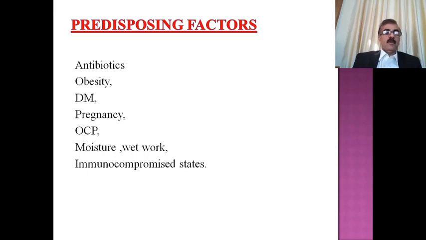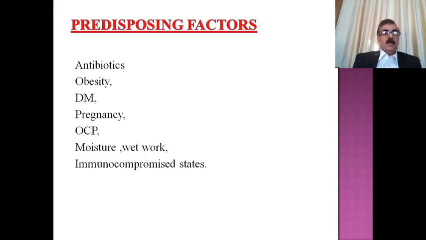There are other predisposing factors. As we have discussed, broad spectrum antibiotics: if prolonged use of antibiotic is there, then there is loss of beneficial bacterial flora which prevents overgrowth of candida. So the use of antibiotics may predispose the individual to recurrent candidal infections. Then obesity, because folds are more occlusive, and there may be hyperhidrosis in obese people, and chances of candidiasis are more.